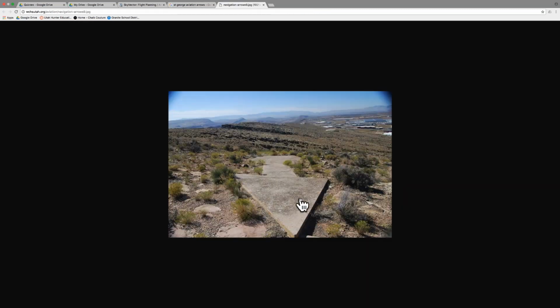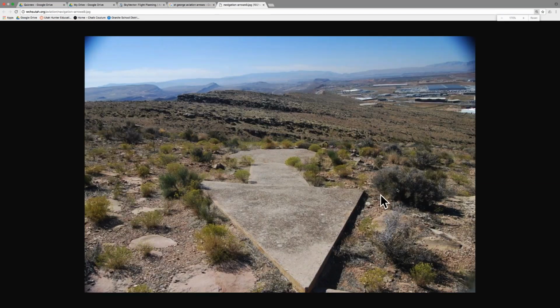So this is what they used to use way back in the day, in the 1930s. On this circular pad, there was a lighthouse-type structure, and then this arrow. This is actually in St. George. This is the one, I think, that overlooks Washington. Or Hurricane, actually.